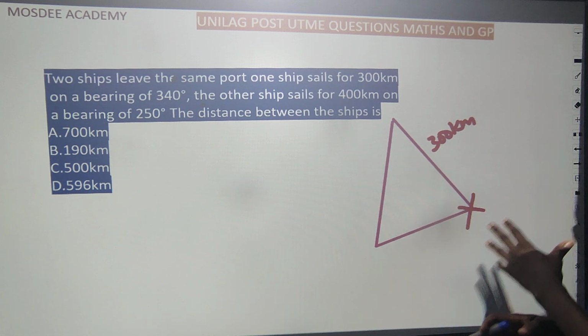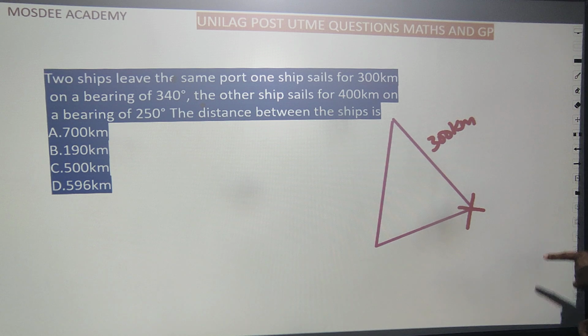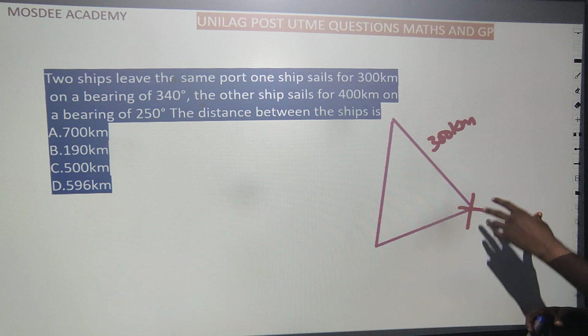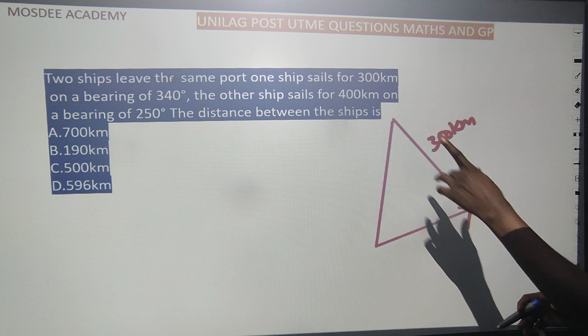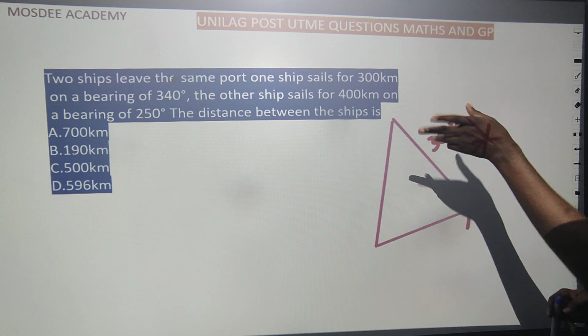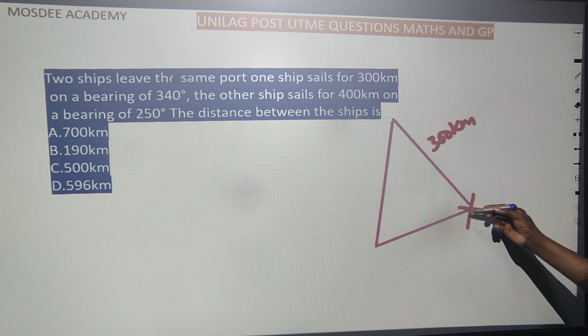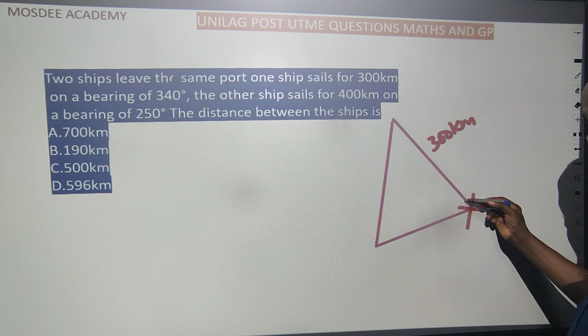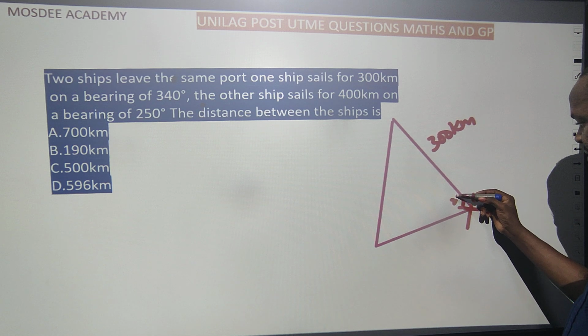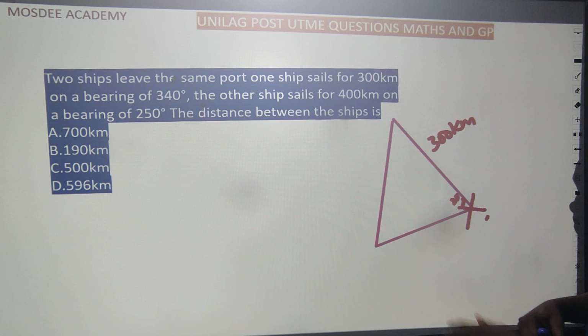I hope I'm visible. What you need to do is just see what I'm writing. So 340 minus 270 is 70. So 70 is here. The remainder to complete that side is 20, because each quadrant is 90. So 20 will go up.